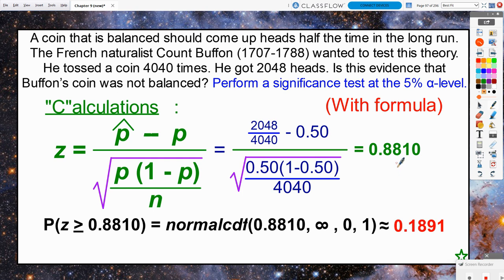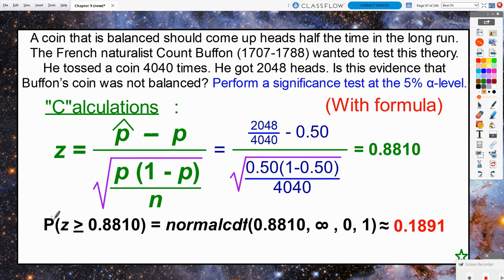One thing to consider before I get to the p-value is, even though he was 28 heads above average, 28 heads above average is not even one standard deviation away from the mean, which really isn't going to give us that small of a p-value.